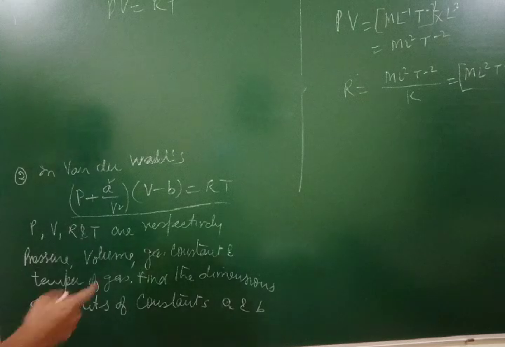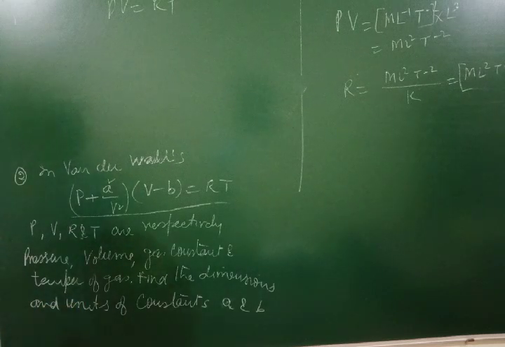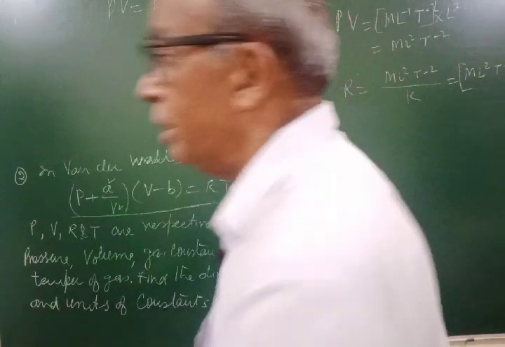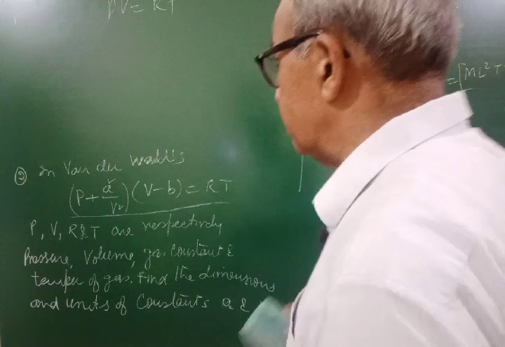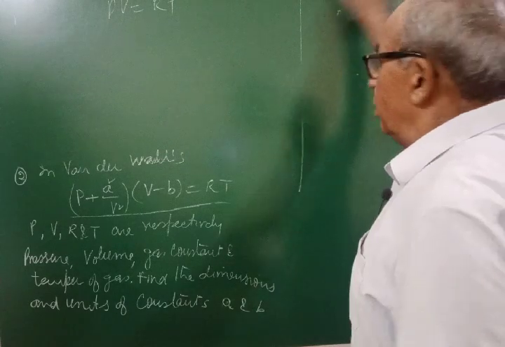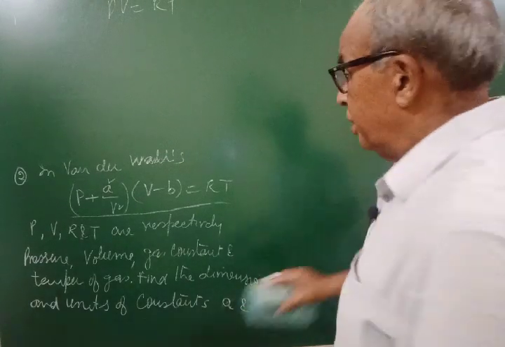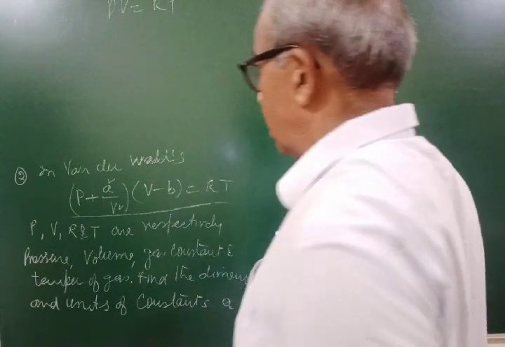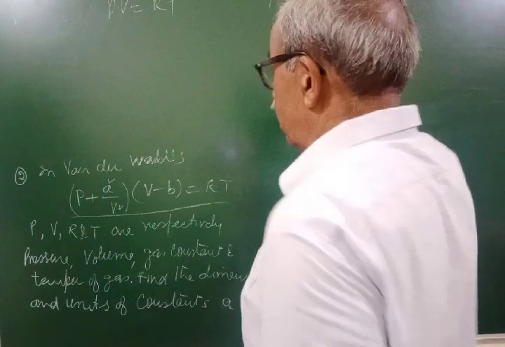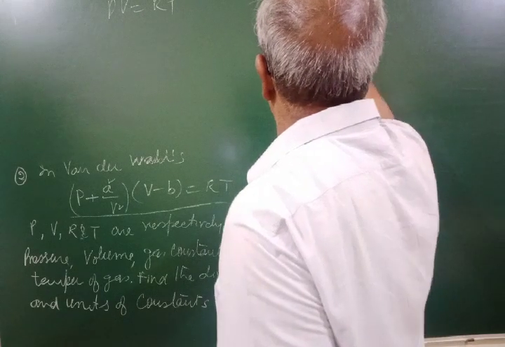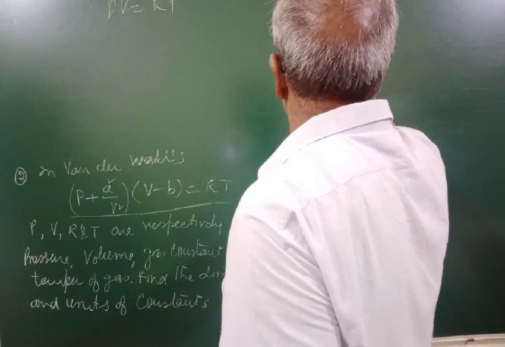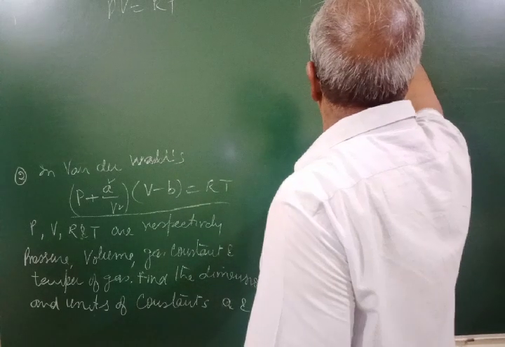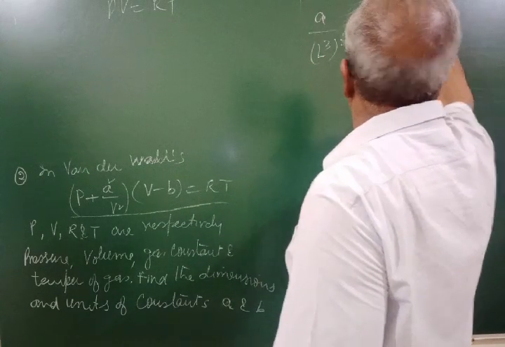Dimension and unit. Actually, you can add or subtract only those quantities which have the same dimensions. It means the dimension of A upon V square, where V is volume with dimension L cube. So A upon L^6 is equal to pressure, M L^-1 T^-2.